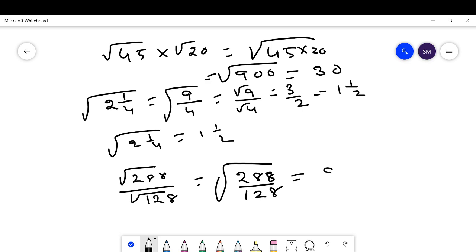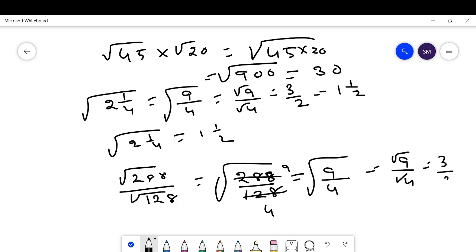Then you get square root of 9 upon 4. Convert it into lowest term, cut it by 32. Then it can be written as root 9 upon root 4. This is 3 upon 2. Then convert it into mixed. This is 1 whole 1 upon 2.